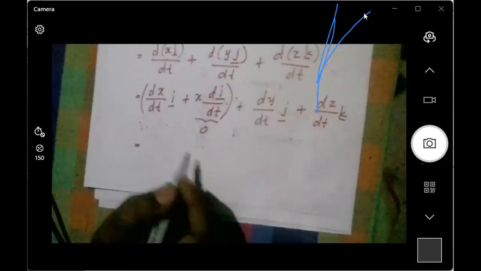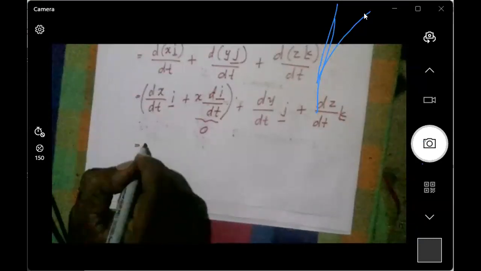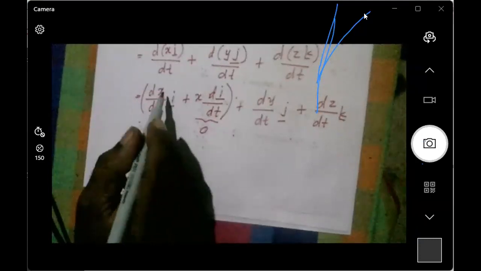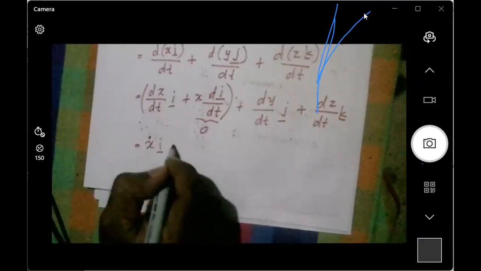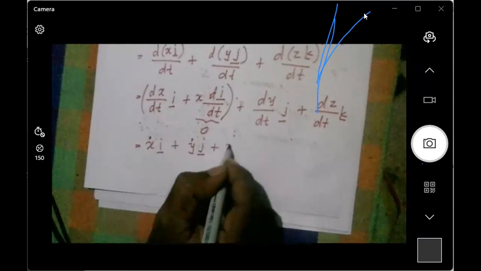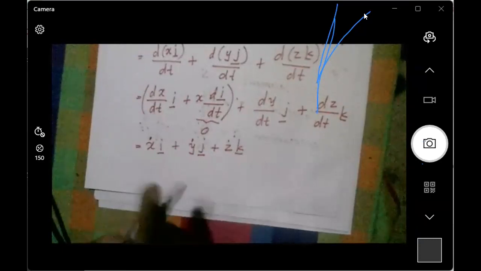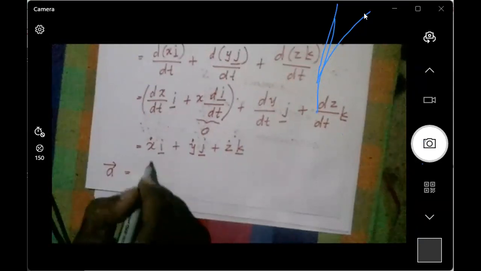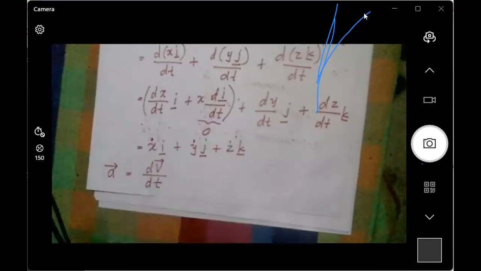To write things a little more simply, we use dot notation to represent the time derivative of any quantity: x dot into i plus y dot into j plus z dot into k. Now find the acceleration of this particle, which will be d vector v over dt.